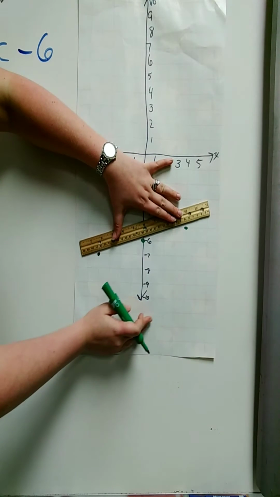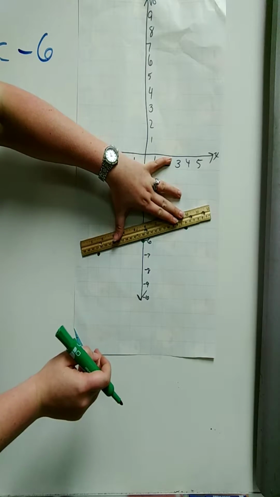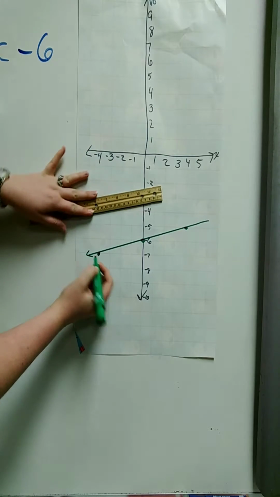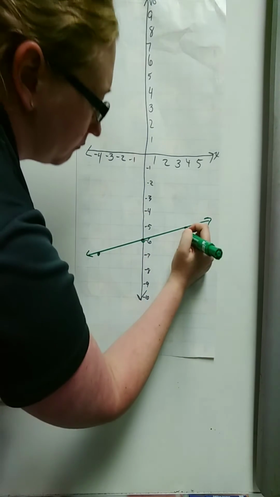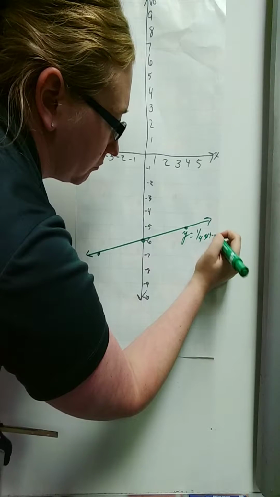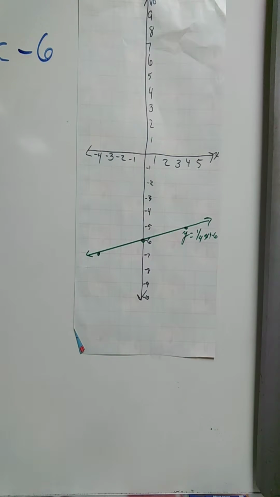And then I connect the points. Why don't we have 0 on the grid? Because 0 is that intersection between our two axes.